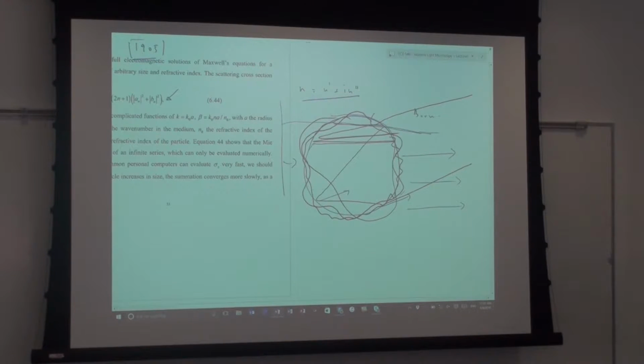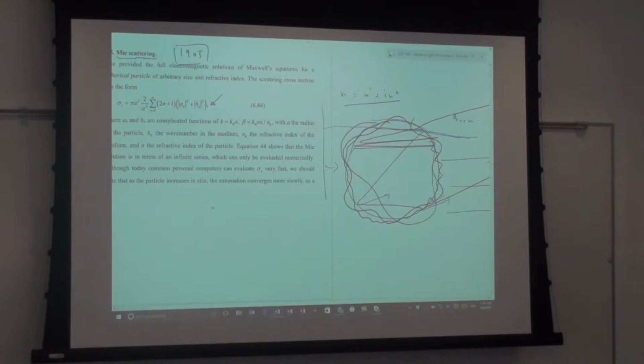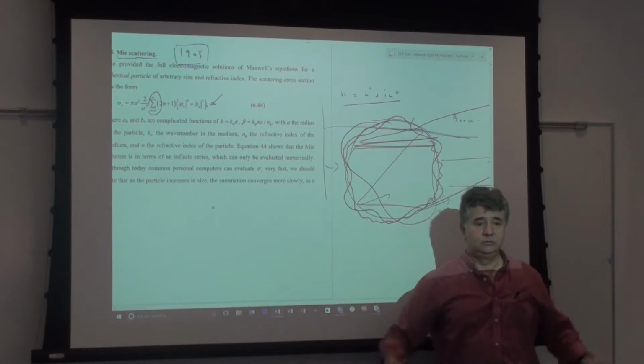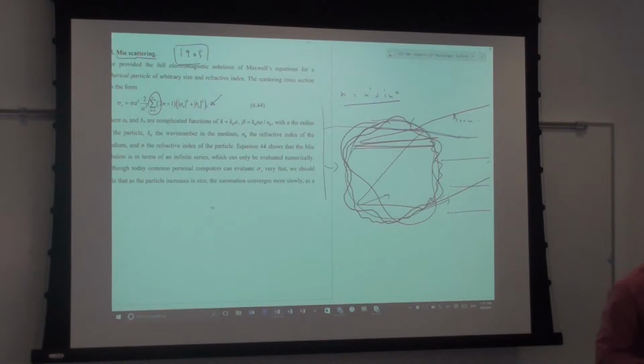The Born approximation is kind of the zero order version. So this summation is essentially over all these modes. You add up all these multiple bounces inside the sphere.